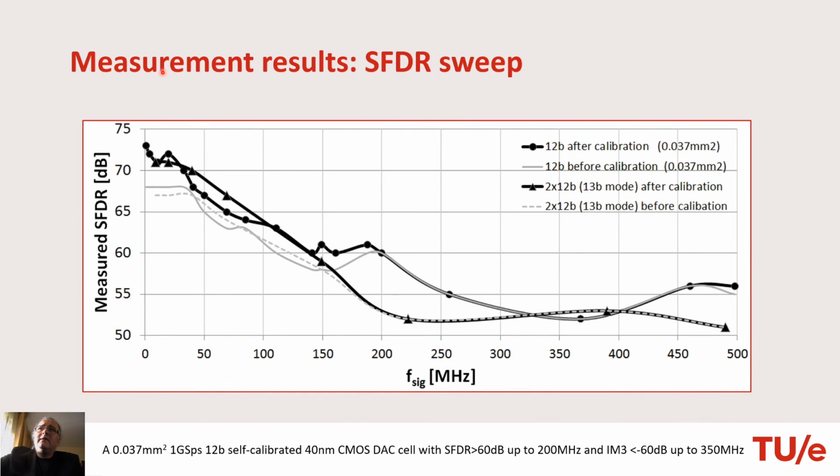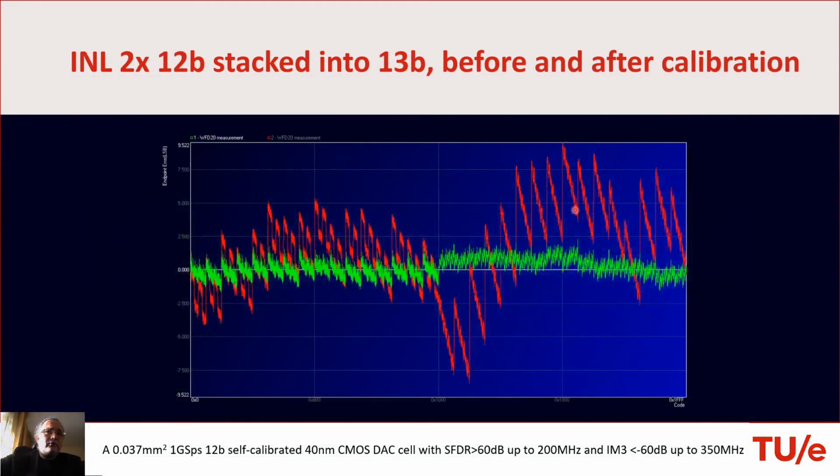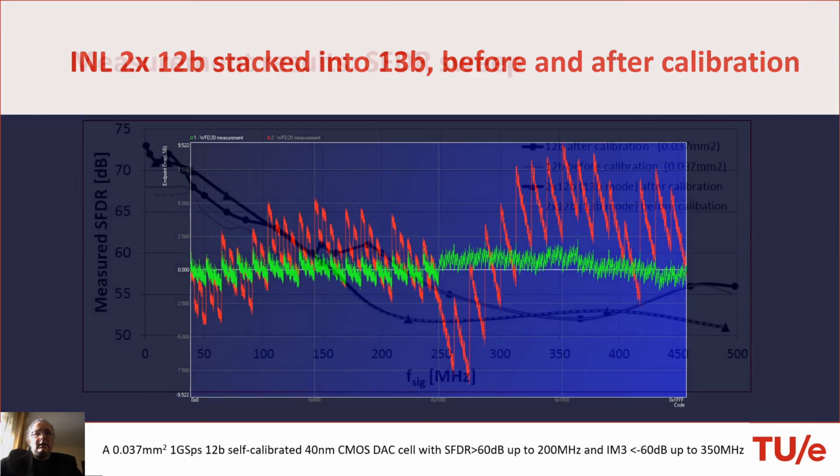Then this is a measurement of SFDR, spurious free dynamic range. 1 gigasample per second, so the Nyquist band is from 0 to 500 megahertz. And what we have here is just the performance of a single 12-bit cell, and this combination of two stacked D2A converters to create a virtual 13-bit DAC.